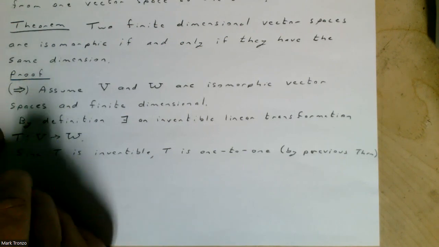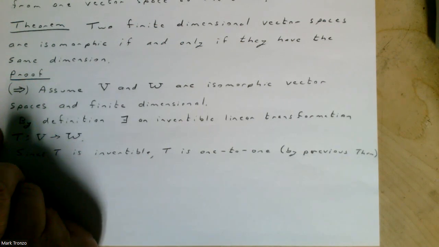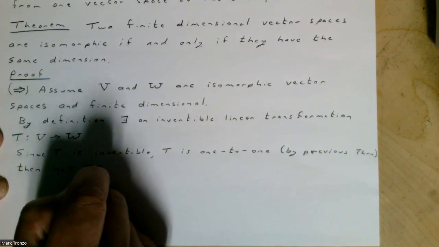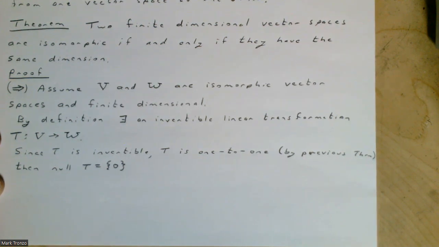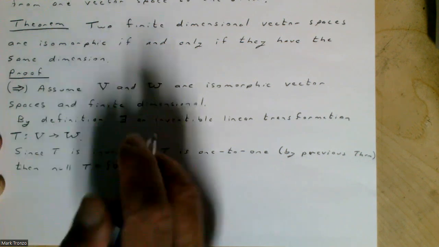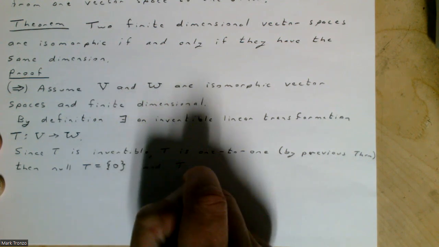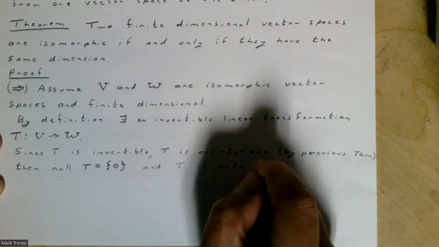And also from what we had last video, the null space of T consists just of the zero vector. And also because it's invertible, T is onto W.